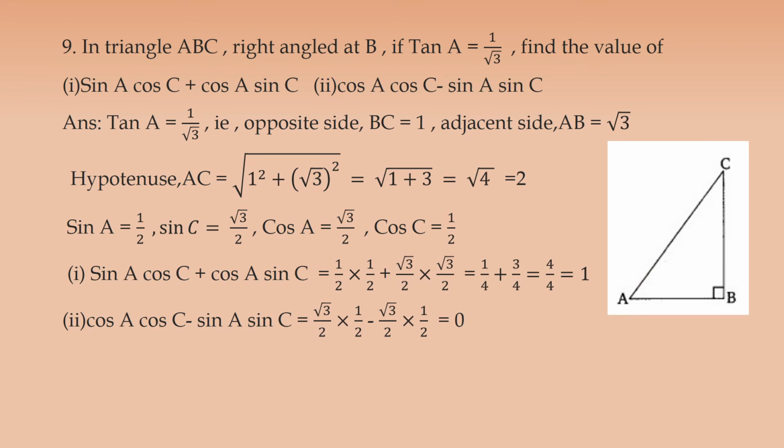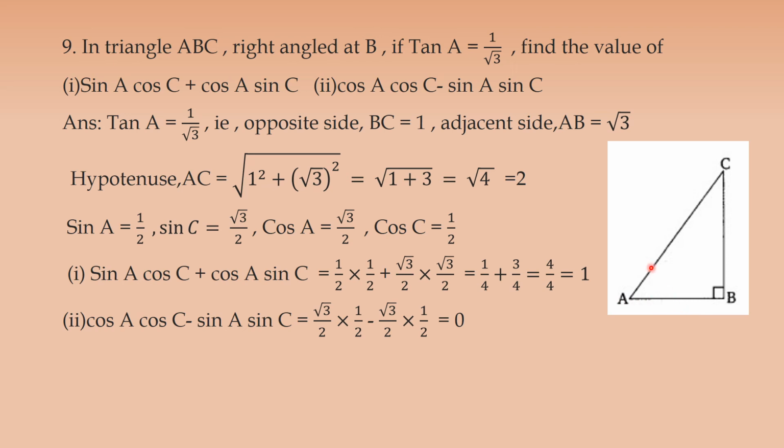Question number 9. In triangle ABC, right angled at B, if tan A is equal to 1 by root 3, find the value of sin A cos C plus cos A sin C and cos A cos C minus sin A sin C. Let us draw a right triangle at B, and the other two acute angles will be A and C. So with respect to A, we are given tan A is equal to 1 by root 3, which means opposite side BC will be 1 and the adjacent side AB will be root 3.